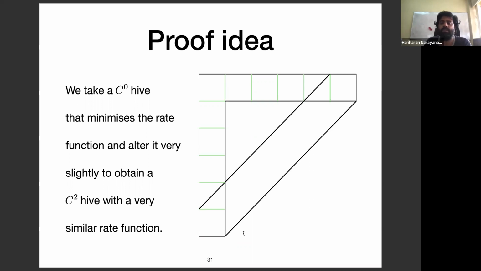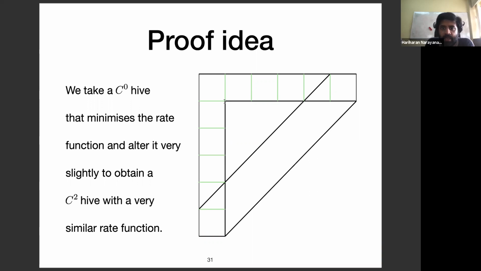So what happens is, suppose you give me a great C0 hive. I take the C0 hive on this and I interpolate it to the full thing. So I was supposed to put the hive here. Instead, I put the C0 hive you gave me here. And then I add constants. This entire square is a constant.